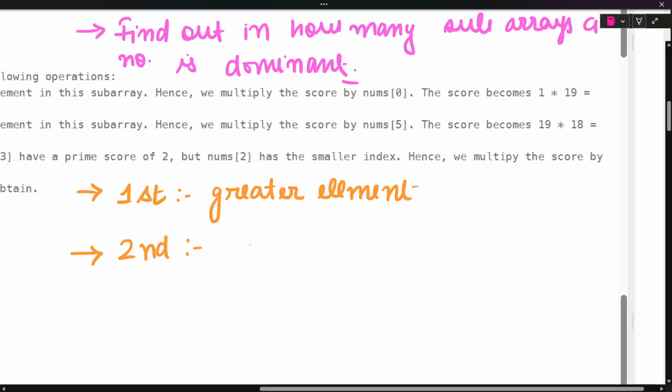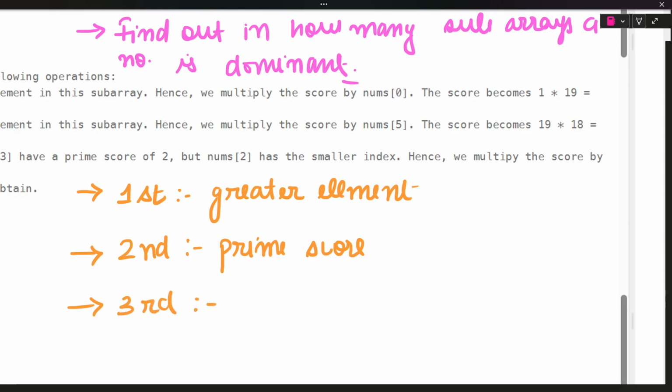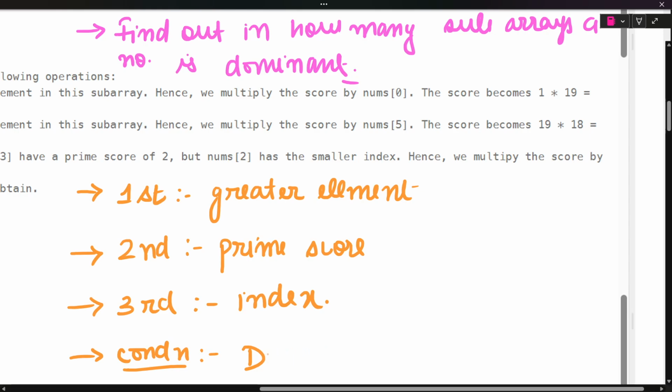The second priority is the prime score, and the third, if they have the same prime score, is the index. And we should also have a condition in which we know how many times we can choose a number based on its dominance.